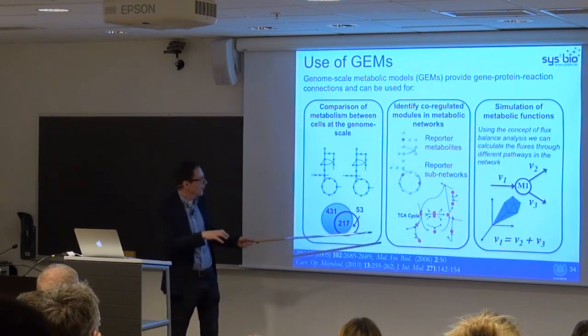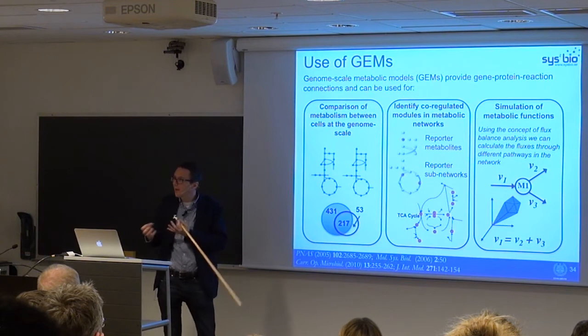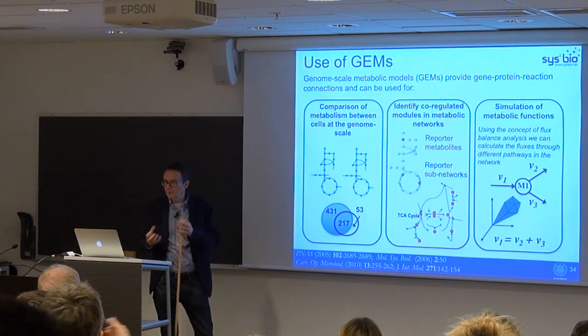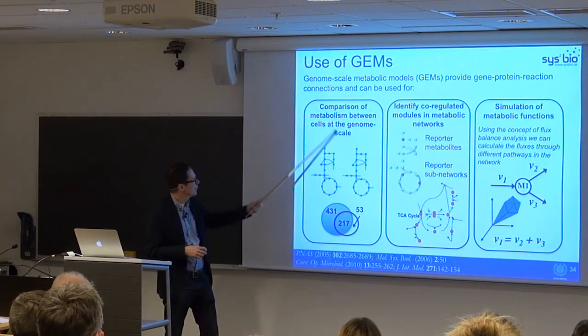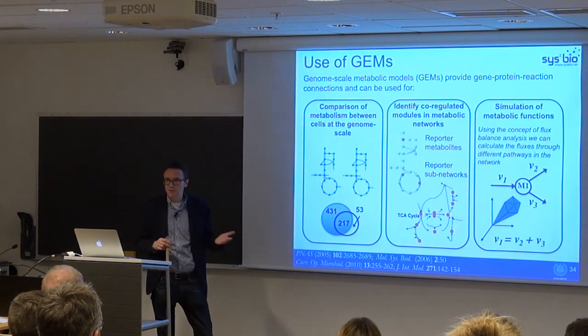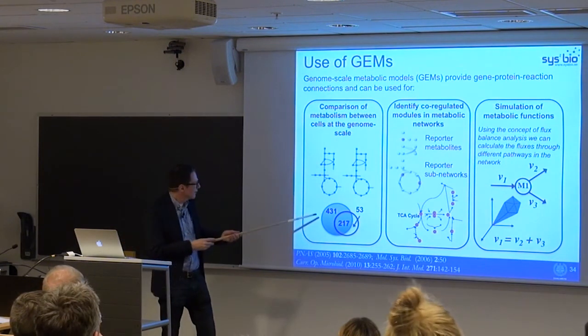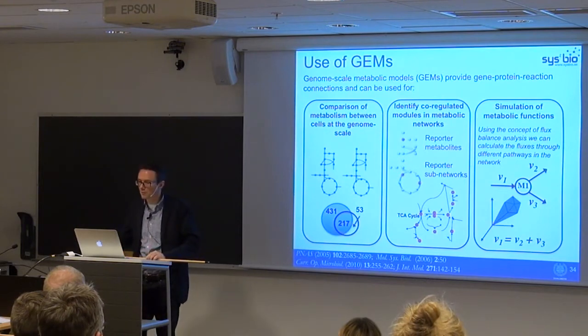So we can overlay, for example, RNA data for two different conditions, and then find out how metabolism is reprogrammed between these two conditions. But we can also reconstruct models for different cell types. It can be a healthy cell, it can be a cancer cell, and then we can see what is loss of function and what is gain of function in these two different metabolic networks.